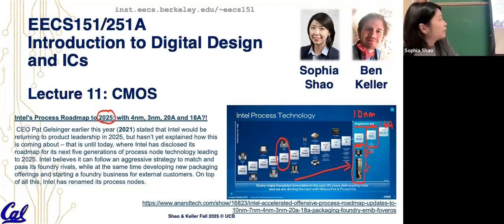So now looking back, it's pretty impressive that they actually followed the projection. They are trying their best to deliver the more advanced technology node, but this is also a very expensive and very competitive market, right? Everyone is eyeing a more advanced node, and all the customers also want access to a more advanced node. So there's a lot of demand.